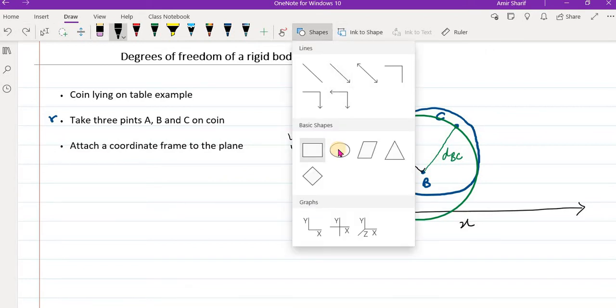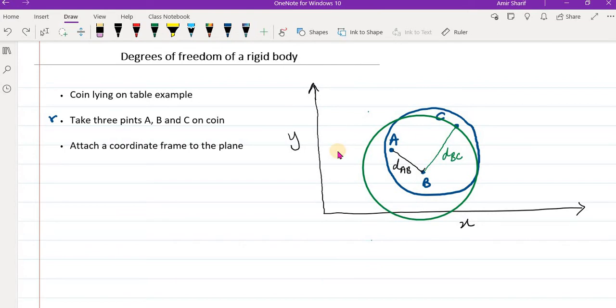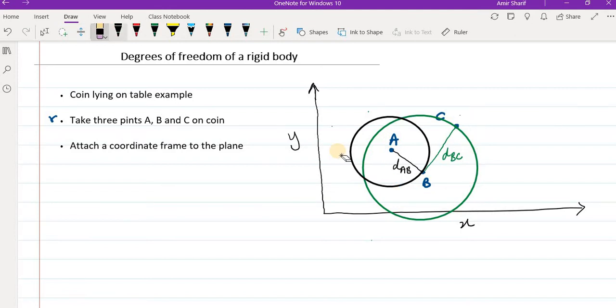Okay, sorry. Ink to shape. Okay, so if we have done this far, it means we can also draw a blue circle.